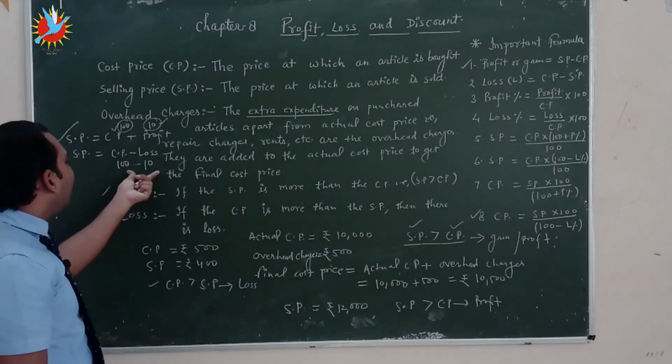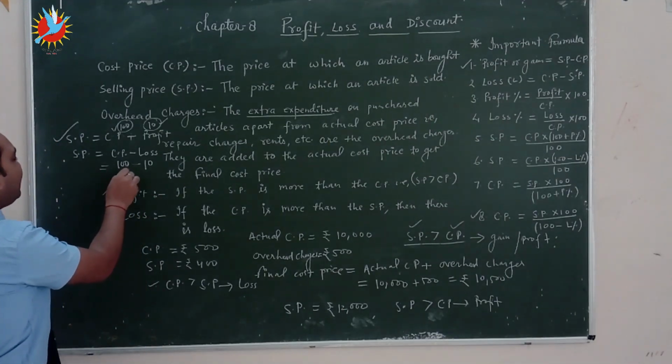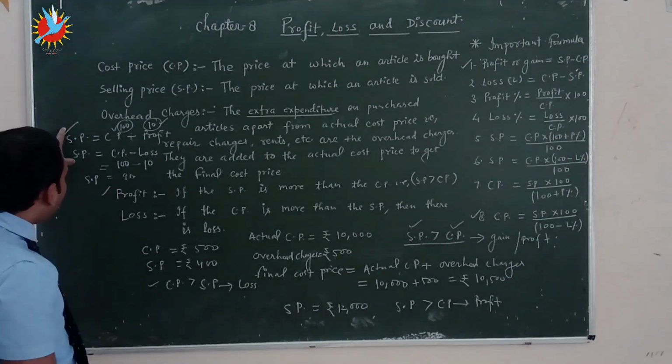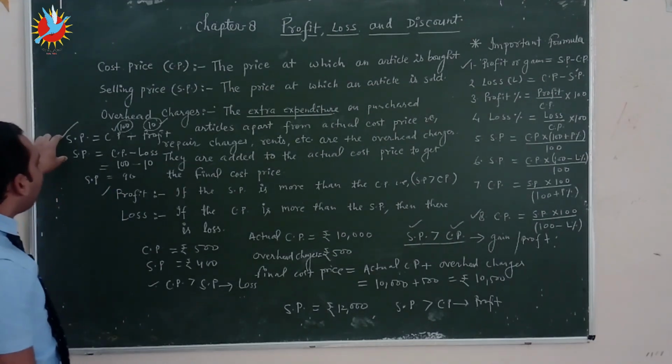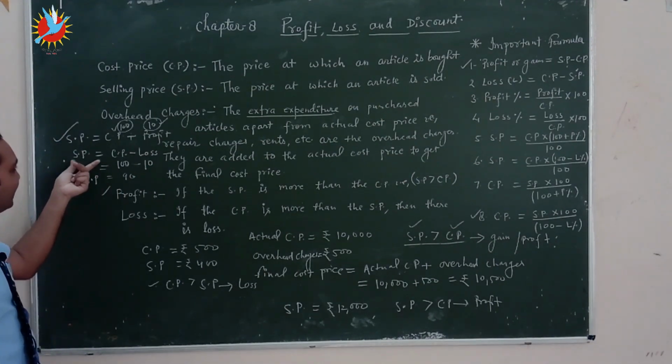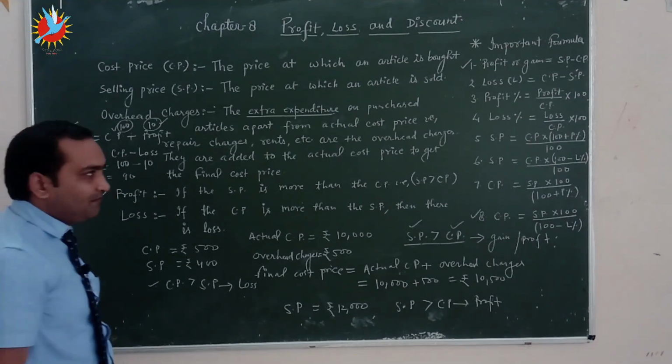So 100 minus 10 is equal to 90 rupees. This is the selling price. There are two other formulas regarding selling price: selling price is equal to CP plus profit, or SP is equal to CP minus loss.